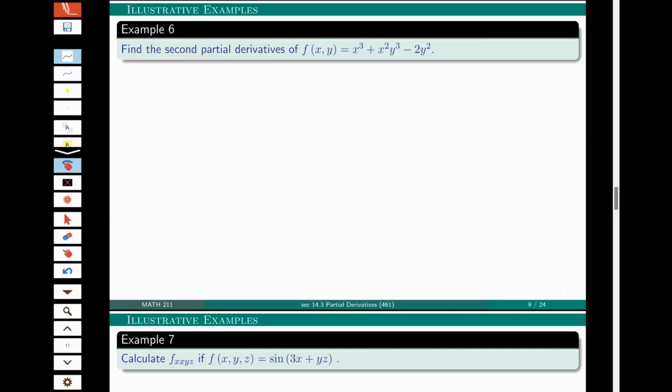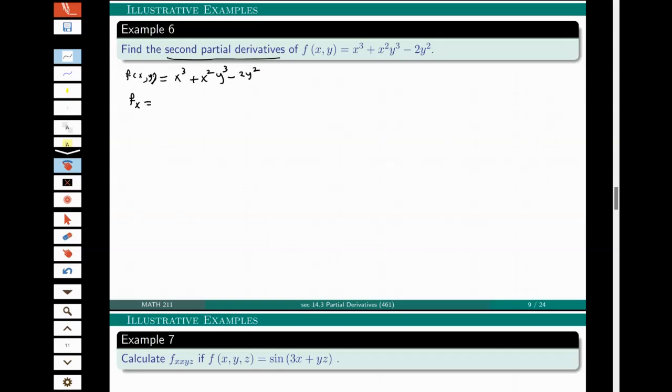Now, same story here, but now we are dealing with second partial derivatives. So if I have f of x, y is equal to x cubed plus x squared y cubed minus 2y squared, what's f sub x?